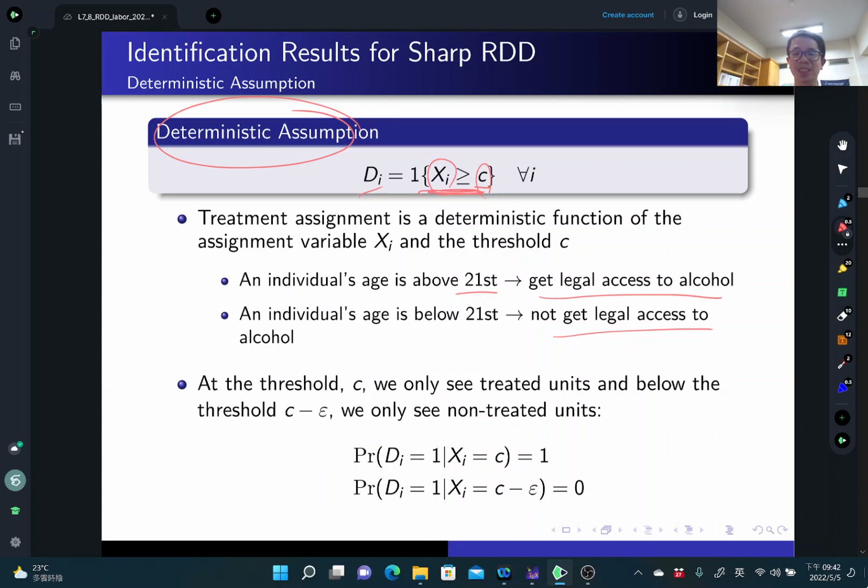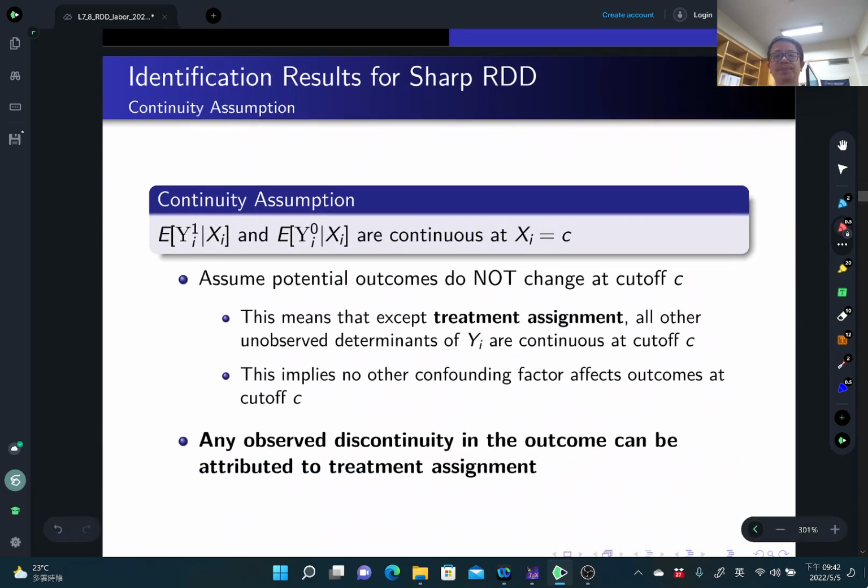So the probability of getting the treatment if you are past your 21st birthday is 100%. That's the law, basically. And if your age is just a few days before the 21st birthday, you don't get any treatment. The probability of getting treatment is 0. So that is the deterministic assumption.